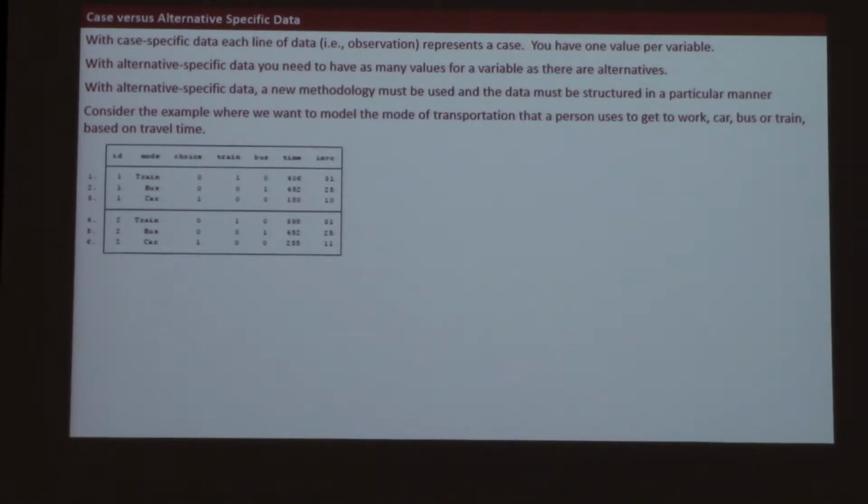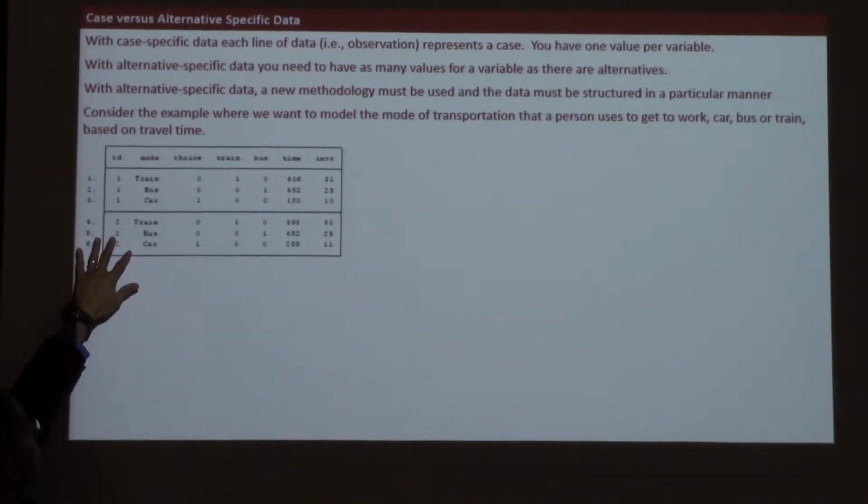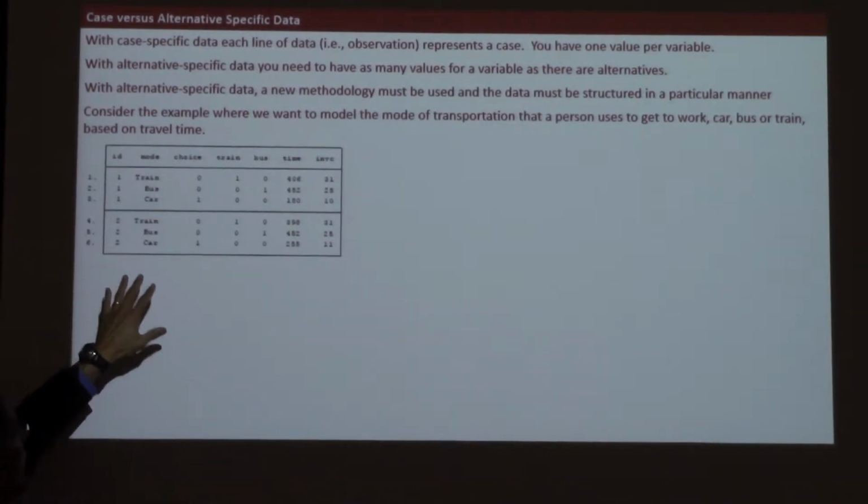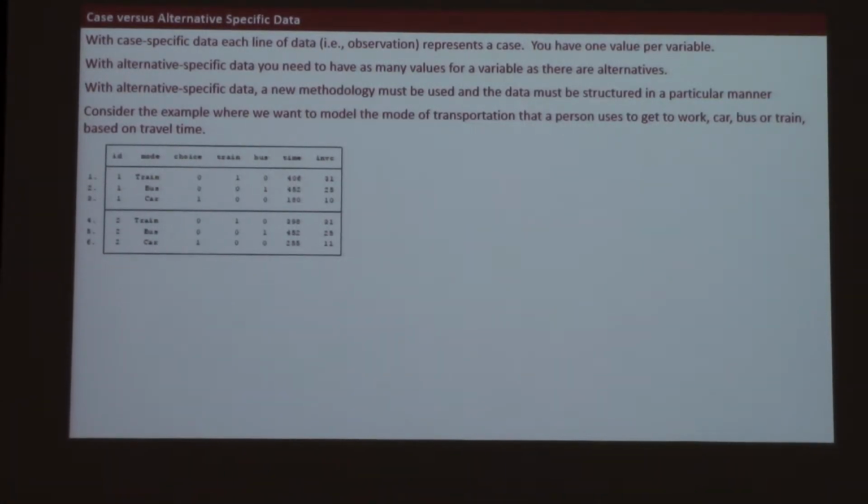In the data we have, each row of data represents a purchase. It represents a specific household's purchase. In alternative specific data, you're going to have as many observations for each household as you have alternatives. So in this case, we have 3 alternatives: train, bus, and car. Modes of transportation.